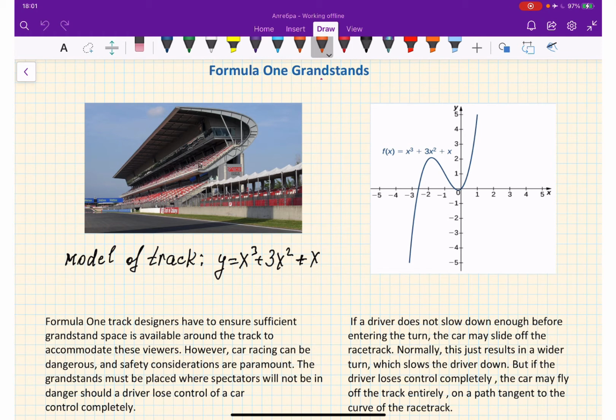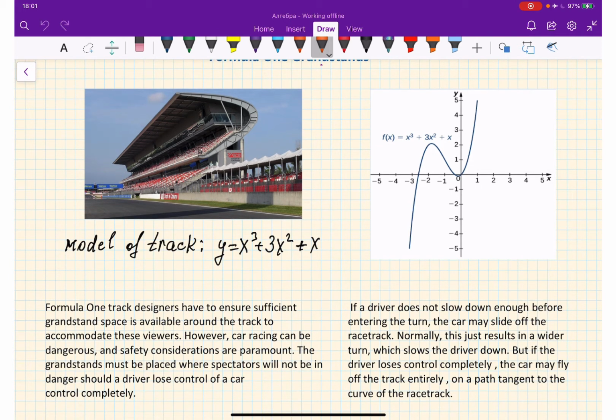What are the key conditions, the key worries for designers when they design this Formula One grandstand? First thing, they have to worry that there is sufficient grandstand space available around the track to accommodate these viewers.